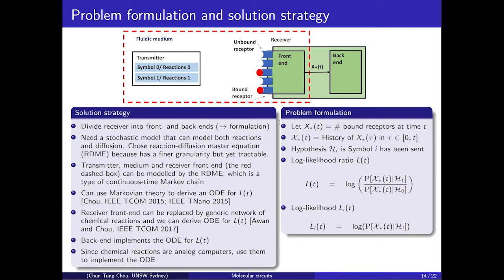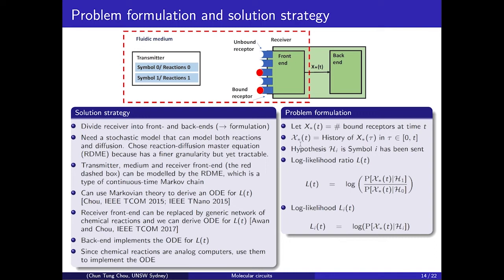I have a signal that I call x star t, the number of bound receptors at time t. I define a history of x star t, the trajectory of the number of bound receptors over time, and I call it script X.